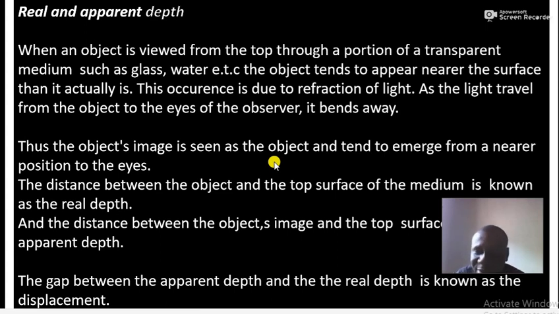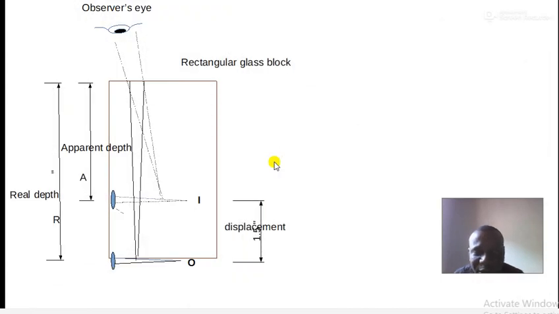As you can see in this diagram, from here down to this point is the height of this glass block, and this object, say a pin placed at point O under the glass, has a distance from its position O to the top point of the glass where the light is refracted.